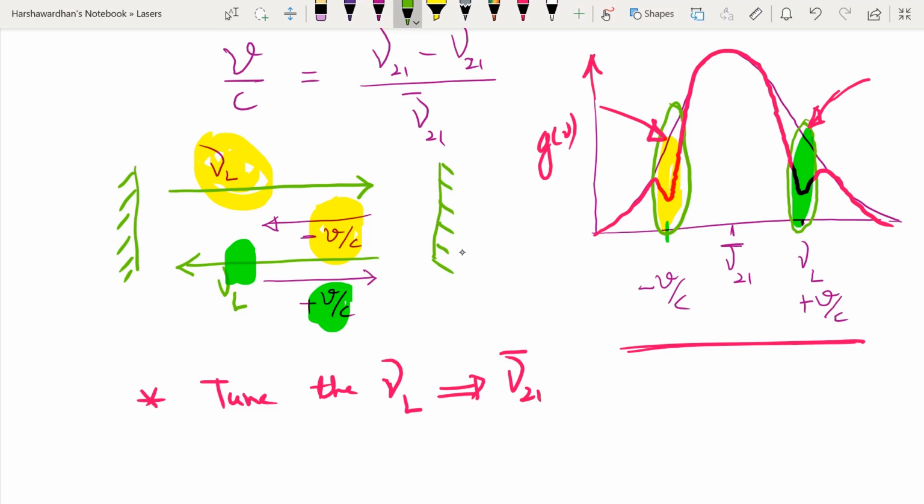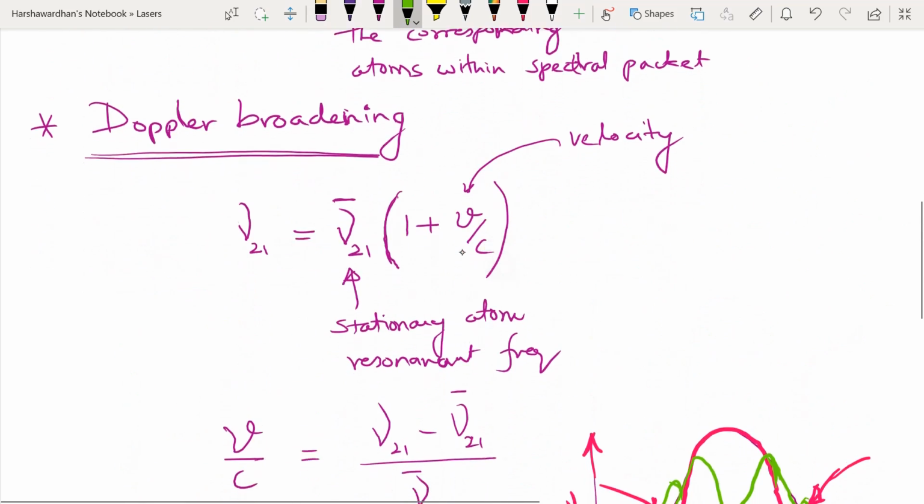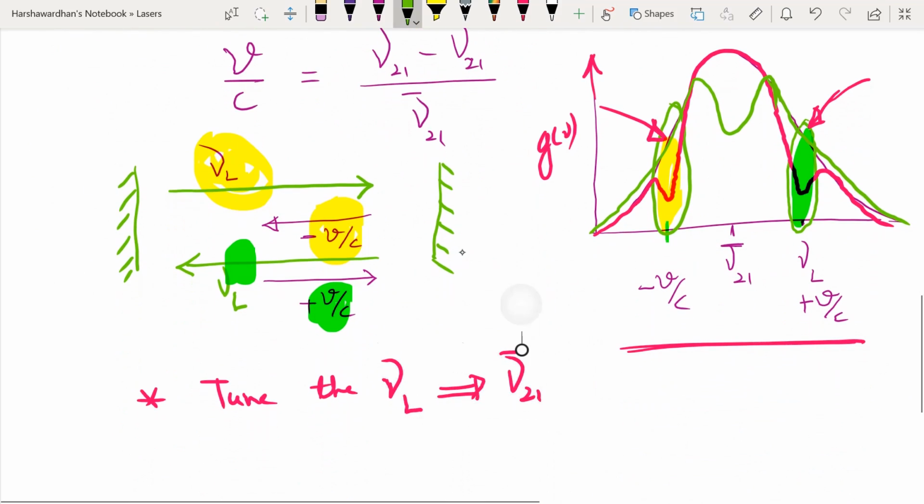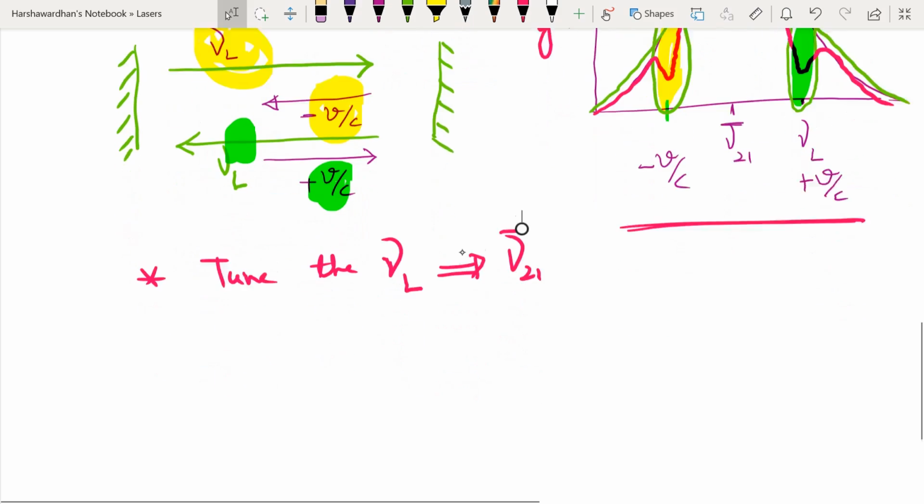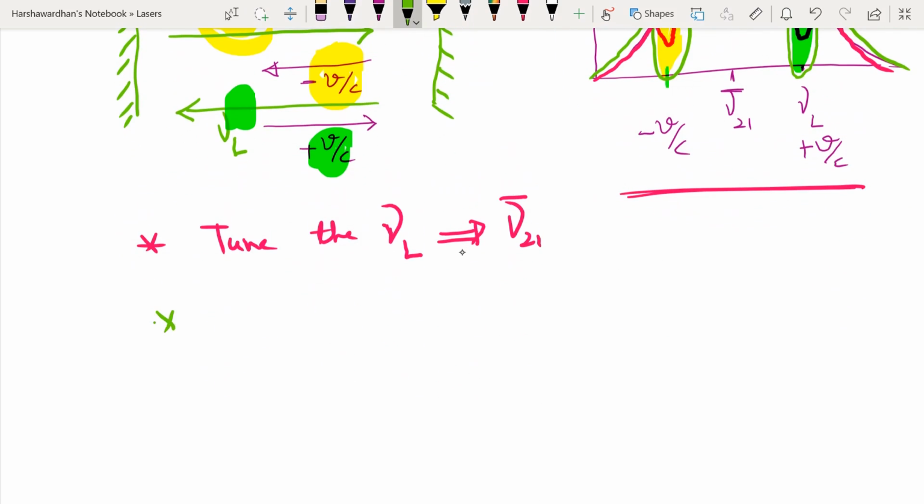So at resonance, as you're tuned, you'll get a central dip, and this central dip is going to lead to a lowering of the intensity, because now rather than looking at two separate spectral packets of atoms, you're looking at the same collection of atoms, and hence the saturation is more, and there is a dip in the intensity, and this particular dip is what is called the Lamb dip.